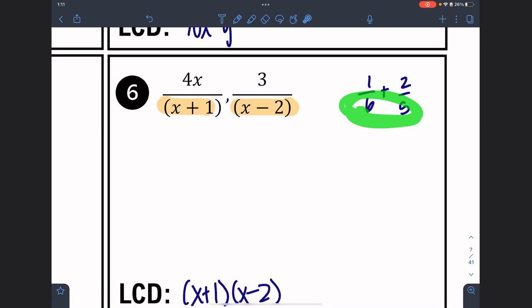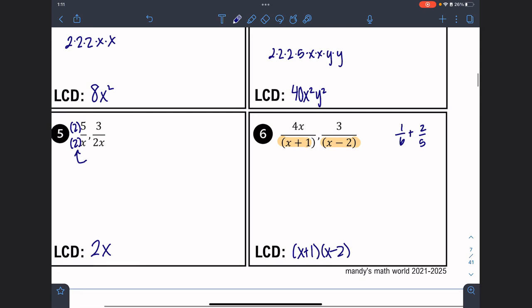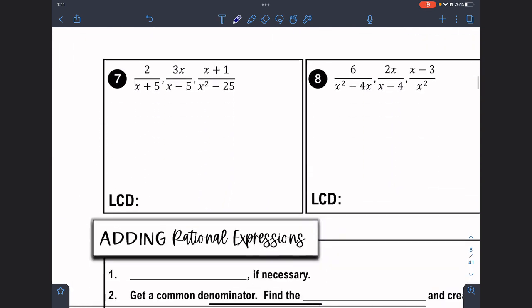These do not have any factors in common, what do you have to do? You have to multiply them by each other, right? 6 and 5 can't go into each other. You have to multiply 6 times 5. Same thing. These factors have nothing in common. You have to multiply them by each other. Same thing. So that's kind of a strategy that you can use if you see something like number 6.